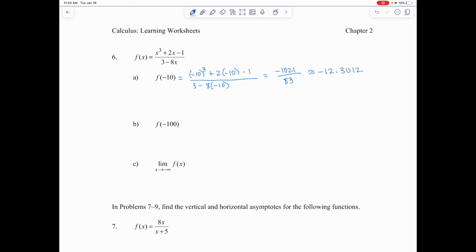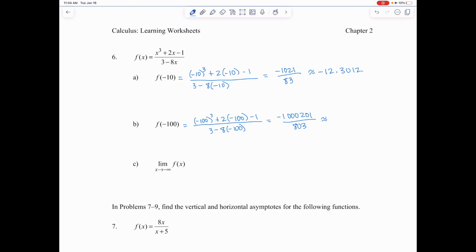Now, if we go even more negative and plug in negative 100, negative 100 cubed, 2 times negative 100, minus 1, 3 minus 8 times negative 100 is going to give us negative 1,201 over 803.